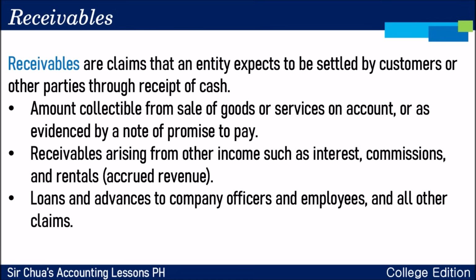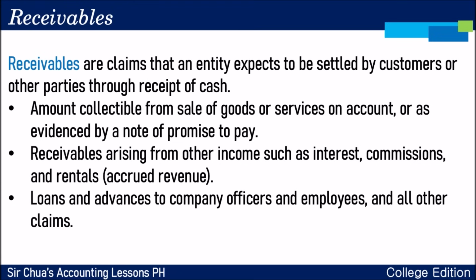We also have receivables arising from other income such as interest, commissions, and rentals. So let's say for example, ikaw ay isang service company or merchandising company pero meron ka pang other income or ibang pinagkakakitaan like rentals, nagpaparenta ka, or you're under certain arrangements na meron kang commissions. So pwede ka ring magkaroon ng mga receivable dyan.